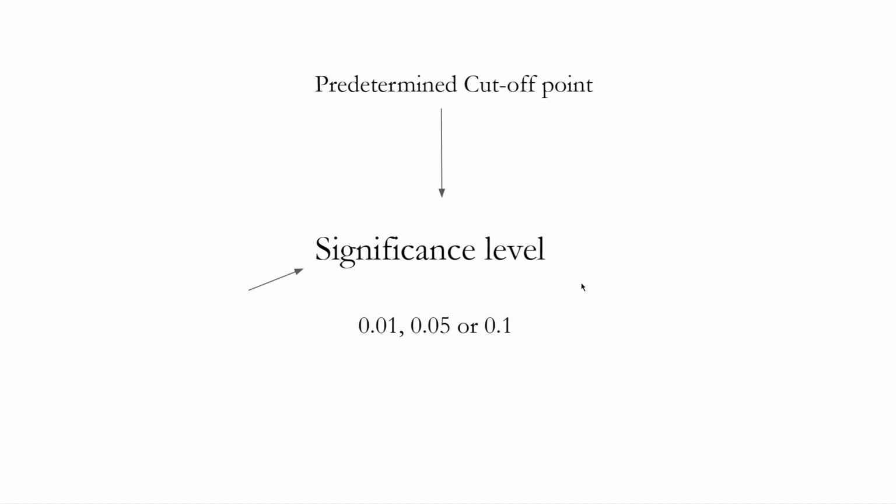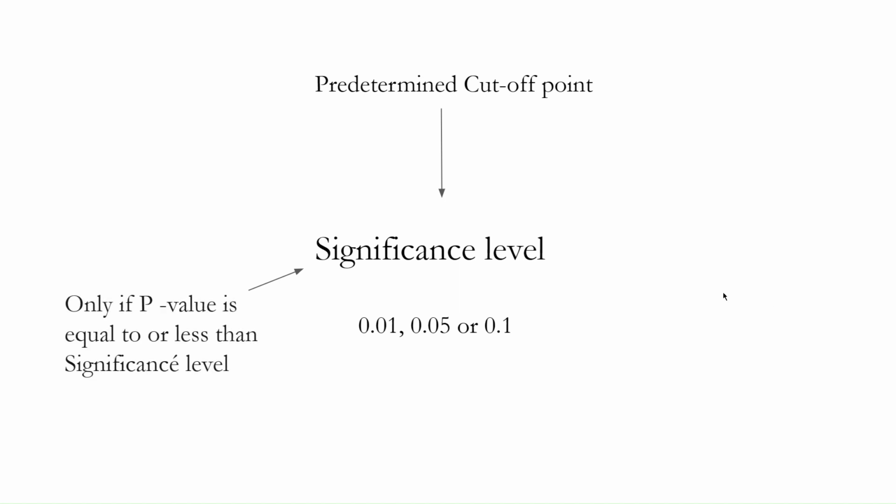Otherwise I would have a p-value of 0.5, which is not enough evidence at all, and I could just say that the significance level is 0.6, then I basically reject it. But that doesn't actually show us anything. We have to choose the significance level at the start. And only if the p-value is less than or equal to the significance level can you reject the null hypothesis.